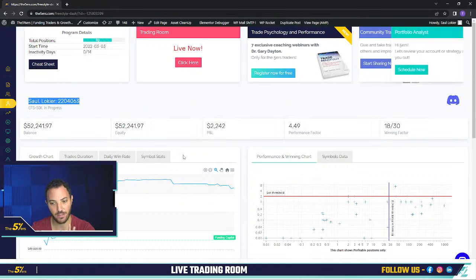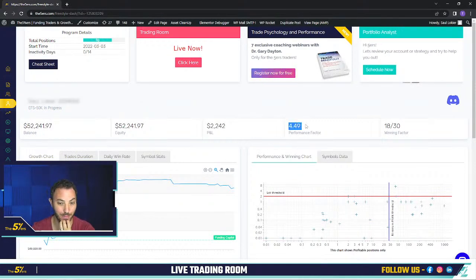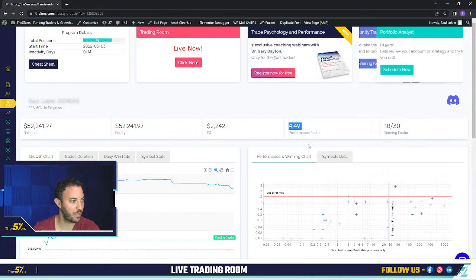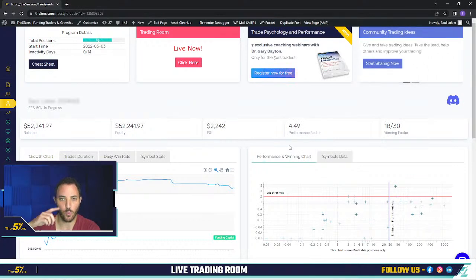I've had some activity from last week to this week. My performance factor has dropped a little bit from 5 point something. I had a little bit of drawdown, and I have been whipsawed a lot trying to do short-term trading in the Freestyle account.